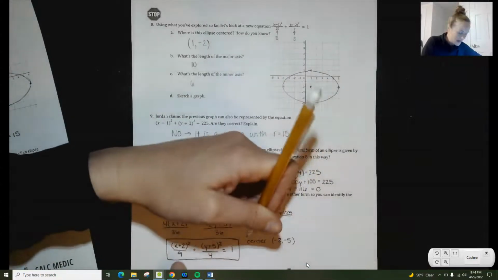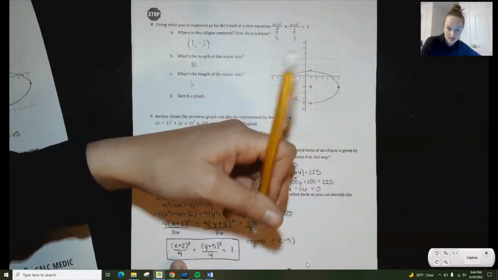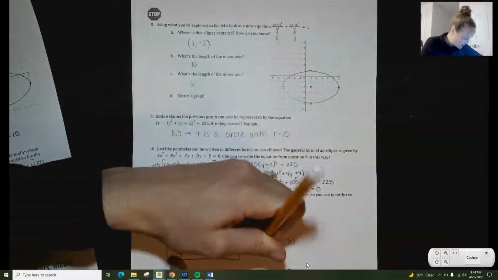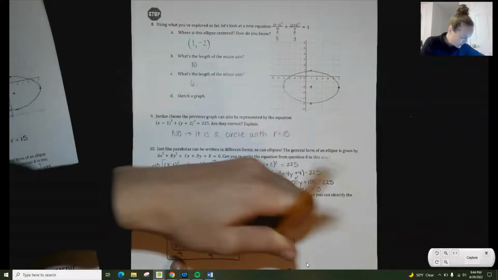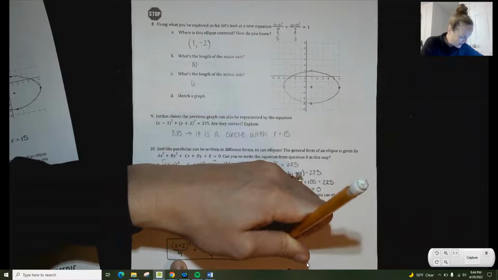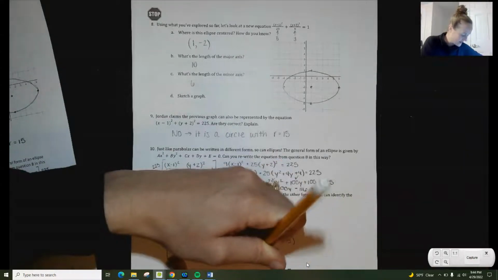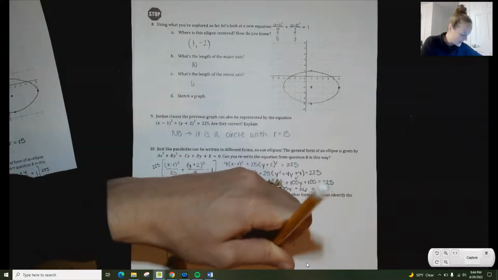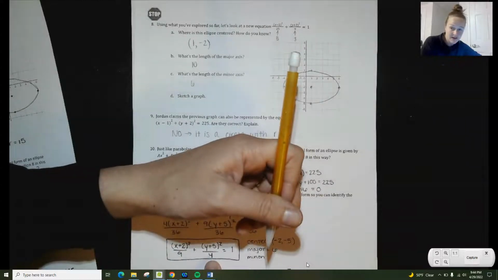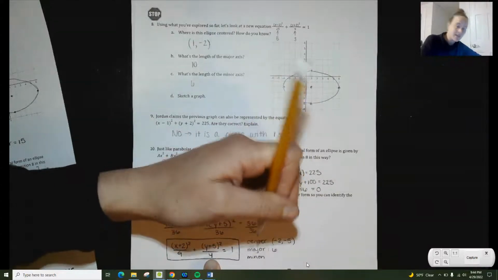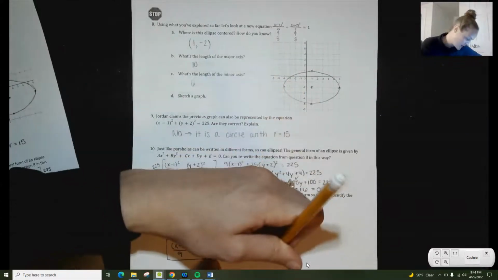The major axis would be horizontal, and the major would be a length of 6, and the minor would be a length of 4 because you'd go 2 in either direction. The square root of 4 is 2, but then 2 times 2 is going to be 4.